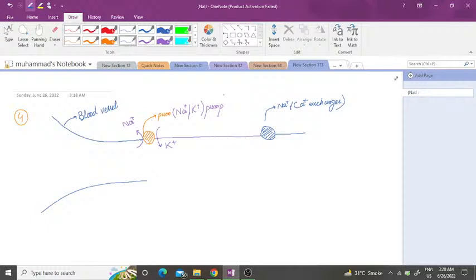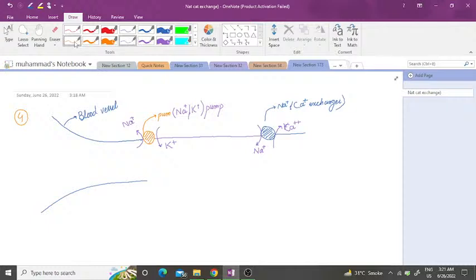What is the normal behavior of this sodium calcium exchanger? It causes the inward influx of sodium and outflux of calcium ions. In this way, the pump and the calcium exchanger work with each other.